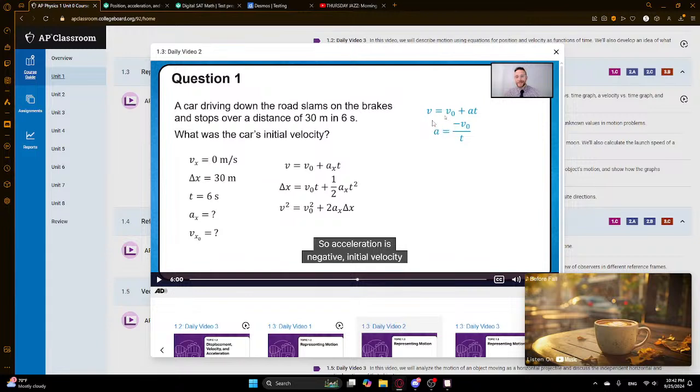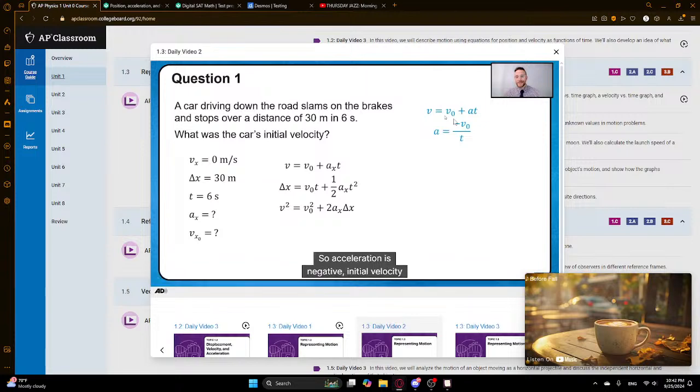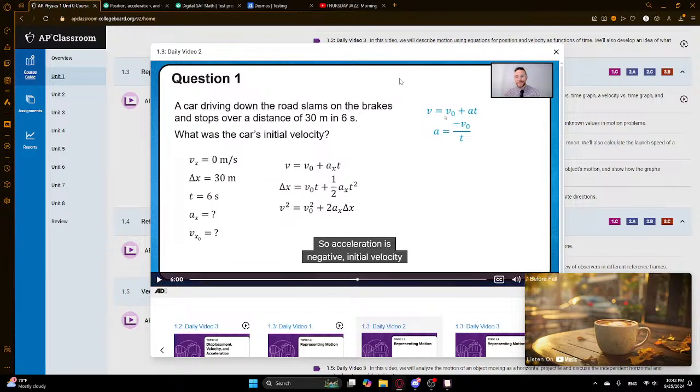And he subtracted that. I hope that's why. So since this is 0, he just subtracts this, so negative v initial, and then that leaves a, and then all of that's over t because he takes a t away. Acceleration is negative initial velocity divided by time.